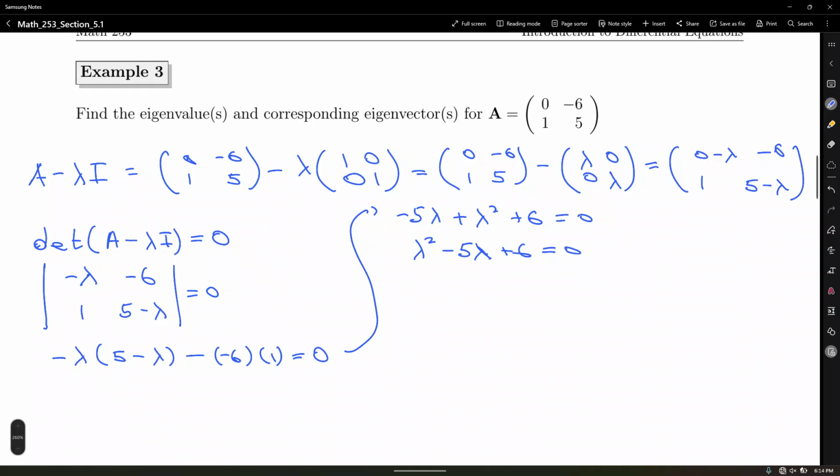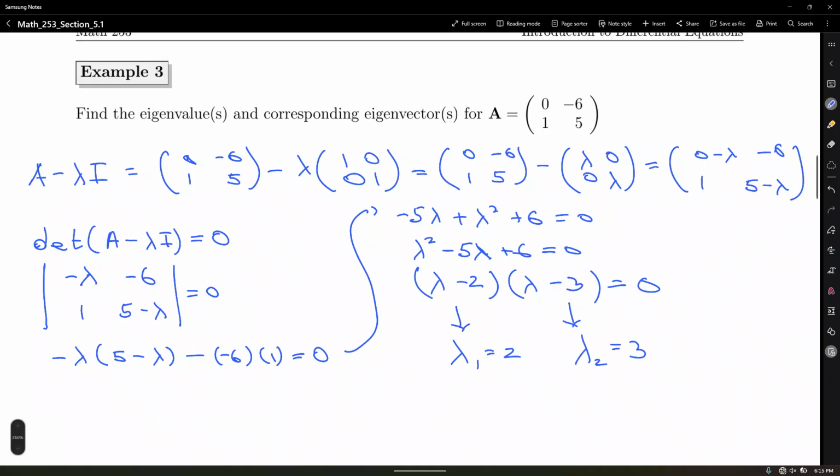Here is where our factoring techniques are going to come into play. How about the double bubble method? Factors of positive 6 that add up to negative 5 are negative 2 and negative 3. Do you guys agree? That means the eigenvalues are lambda 1 equals 2 and lambda 2 equals 3.